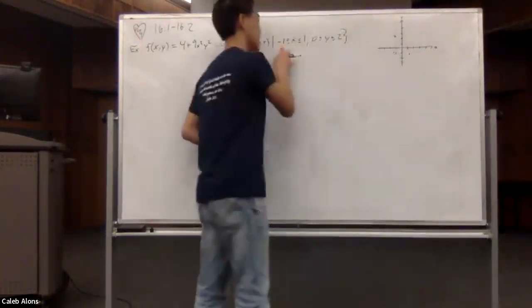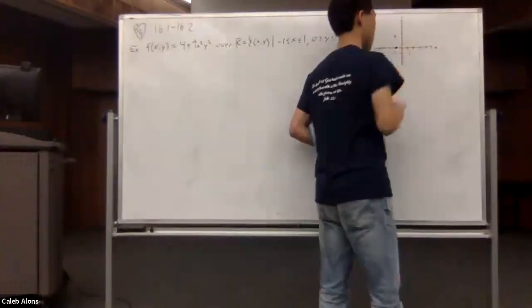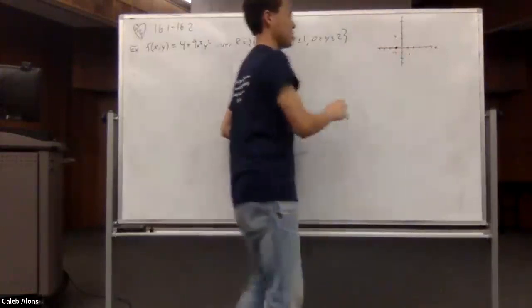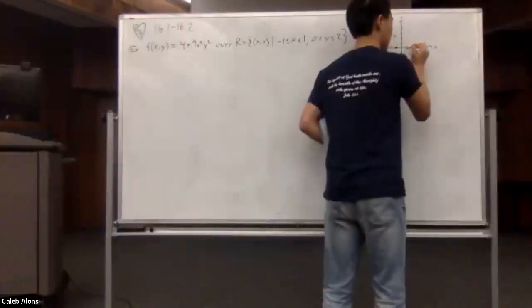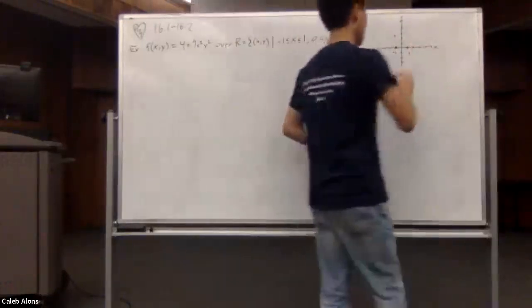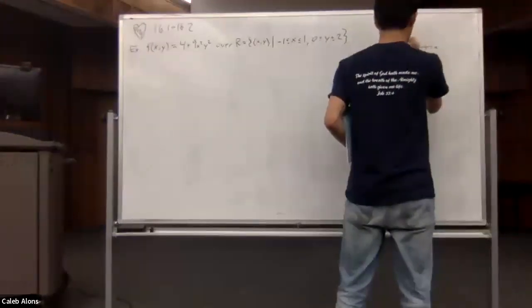So lowest x is -1, lowest y is 0. The lowest point. Now we're going to go along the lower boundary and stop at x is equal to 1. And then the highest value is going to be this 2, so that we're allowed to come up to here and to here. 1.